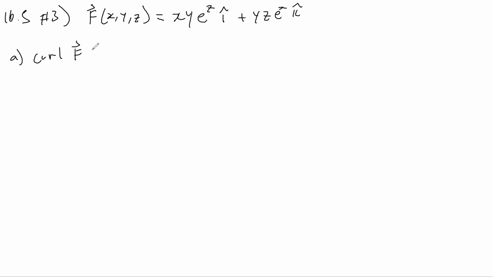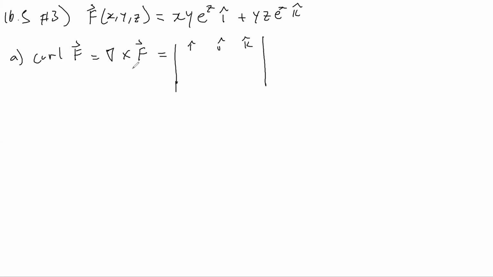Just from the definition, the curl of F means the del operator, as covered in lecture, cross multiplied by the force vector. So let's set up the i, j, k.